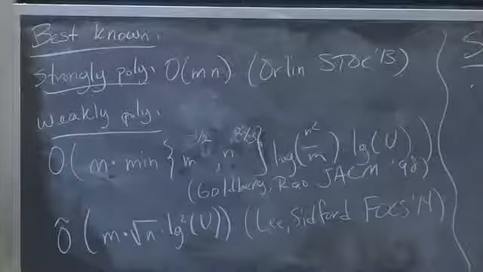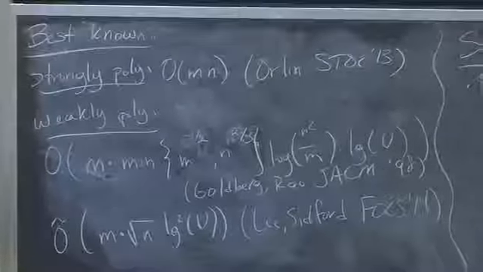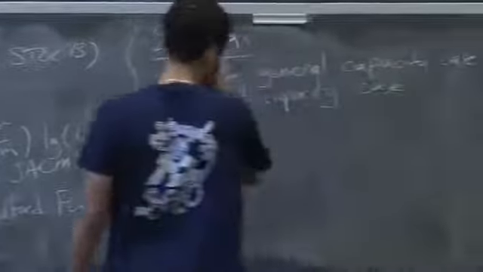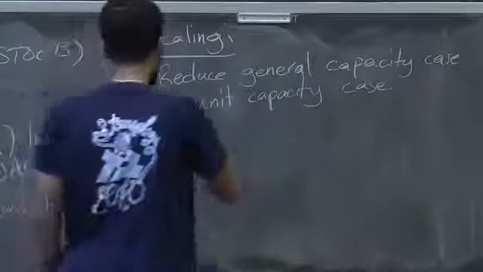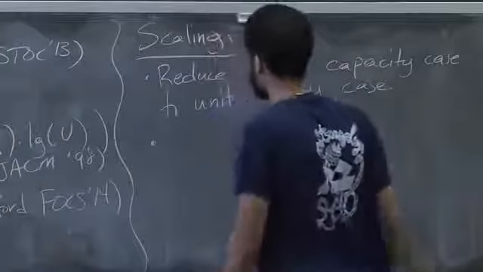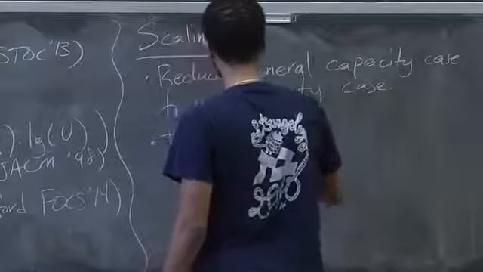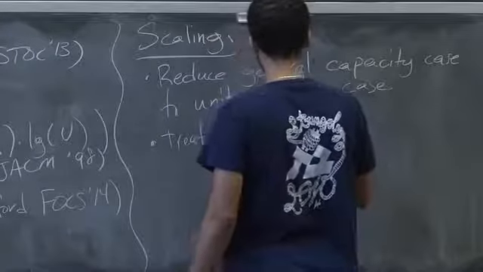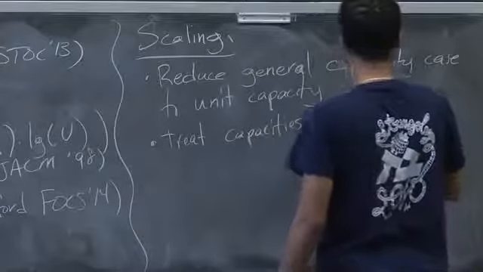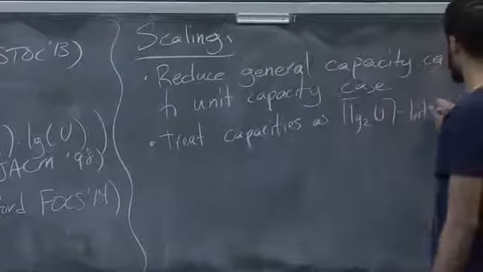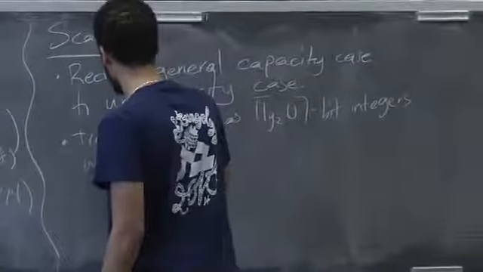Okay, good. Okay, so the general idea of scaling is to reduce the general capacity case to the unit capacity case. Okay, and how do we do that? So treat capacities as log base 2 of u bit integers written in binary.